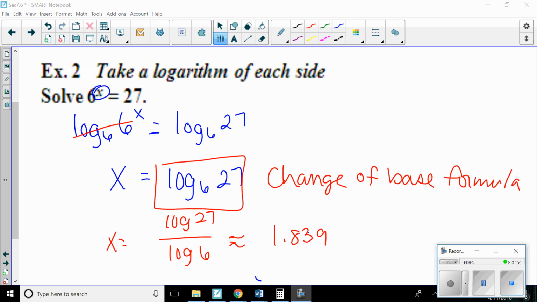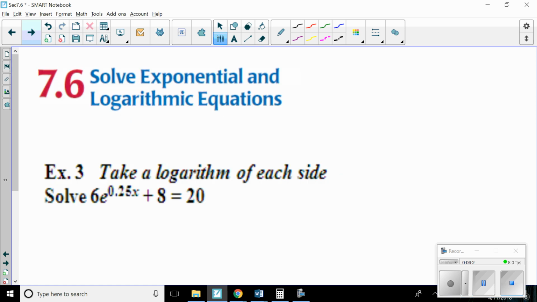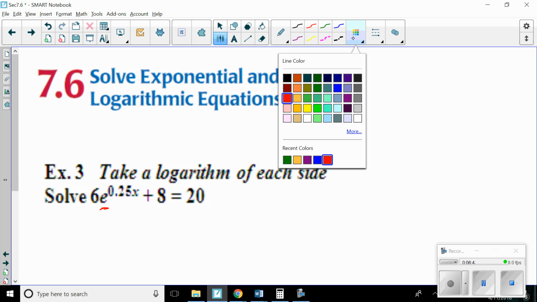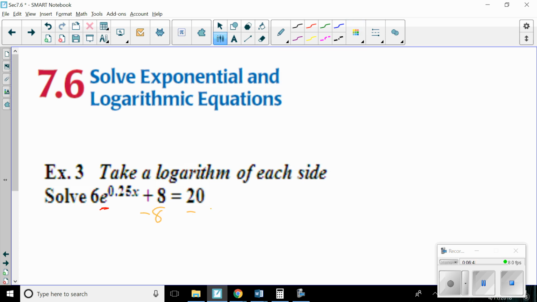All right, let's look at another one where we're taking the logarithm of both sides. But in this example, we have a base e. Before we take the logarithm of both sides, we need to isolate that e to some power, that exponential portion of our equation. So the first thing we're going to do is subtract 8 from both sides.